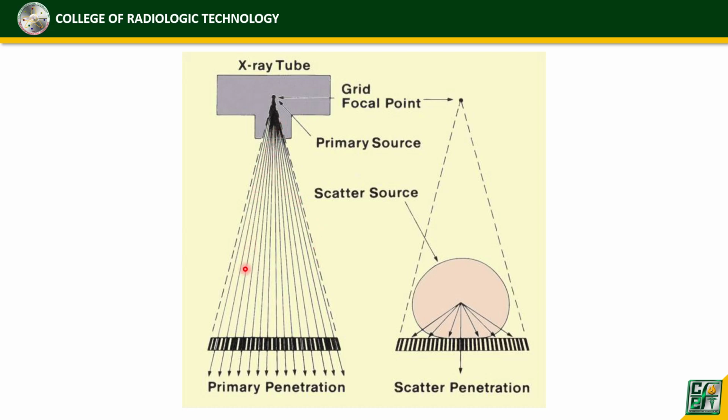So, pinapakita dito, pag walang object, primary penetration lang. Kapag mayroon ng object or part to be examined, the primary beam, pag dumaan yan sa patient, hindi na siya primary beam. It can be scatter radiation or it can be remnant radiation.